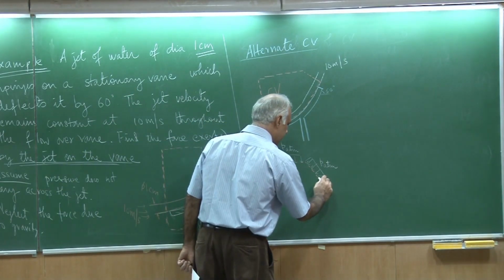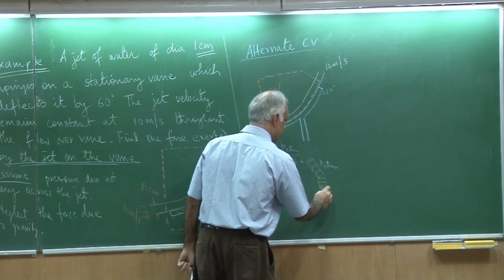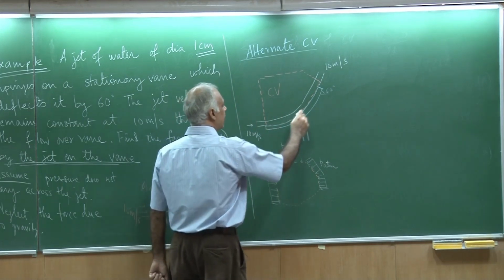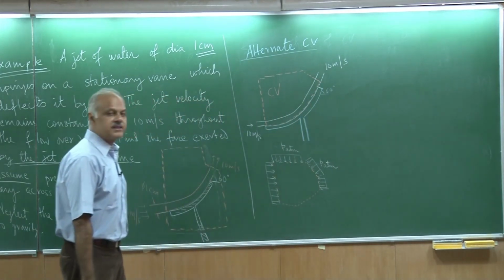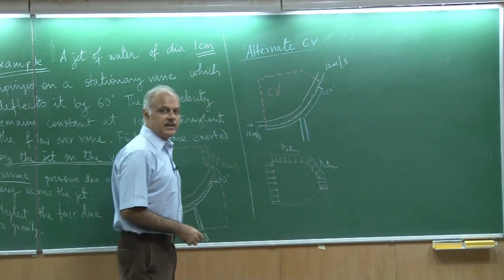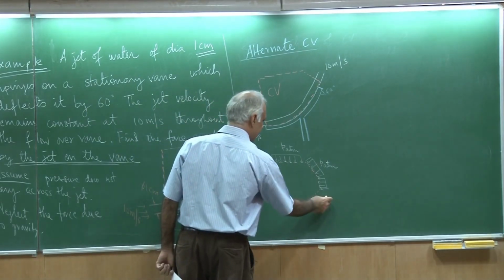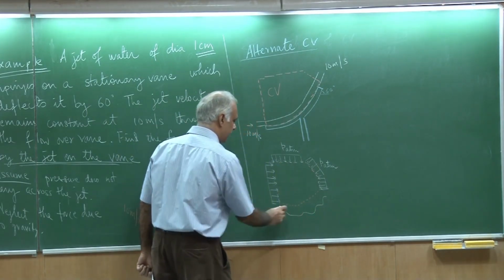I would have atmospheric pressure on this. But now I cannot talk about the pressure being atmospheric on this surface. I don't know. It may be, it may not be. So I will leave it open and I will draw a pressure like this.